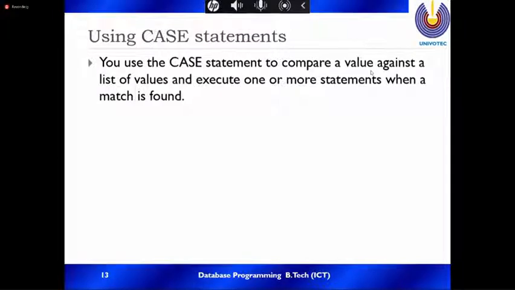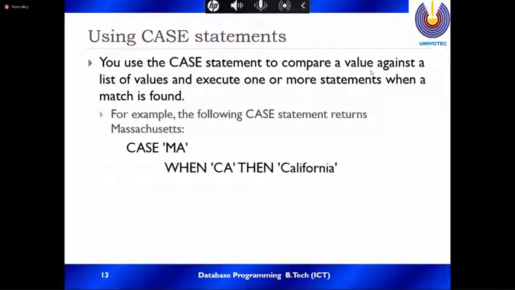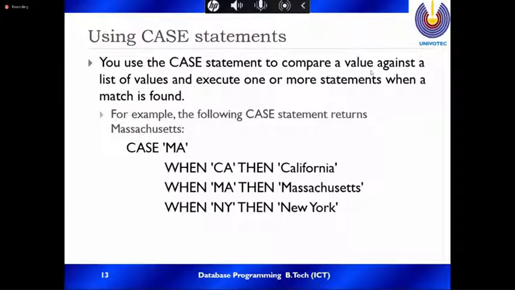You use the case statement to compare a value against a list of values and execute one or more statements when a match is found. For example, case statement: when CA then California, when MA then Massachusetts, when NY then New York, and you can check.